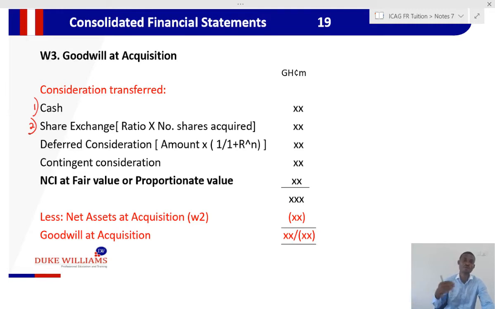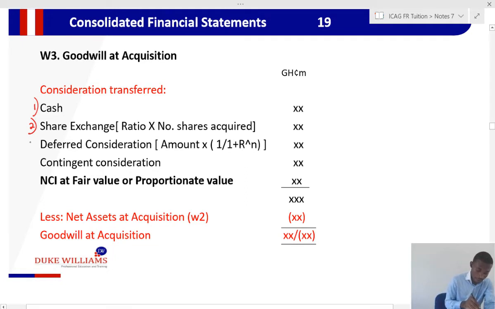There will often be a ratio of the number of shares that entity A will issue in return for the shares it is getting from entity B, and we'll look at the details of that. And remember that whenever there is a share exchange, because entity A is issuing shares to acquire B, the share capital of A should increase when we are consolidating. Very important principle.